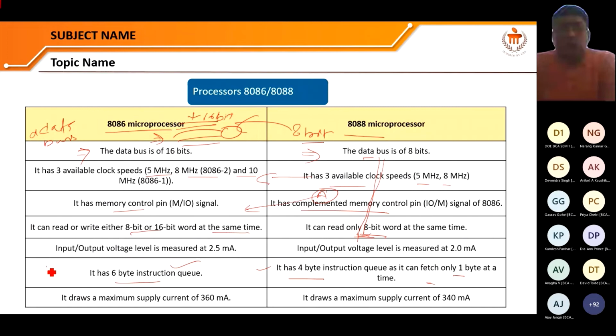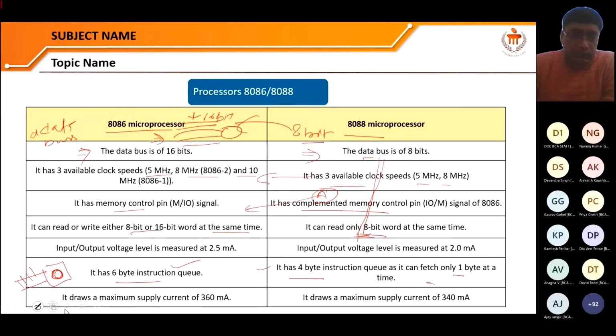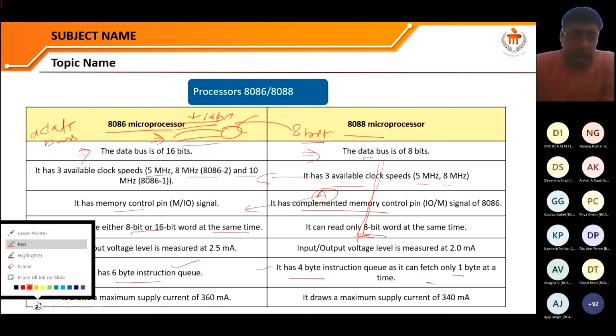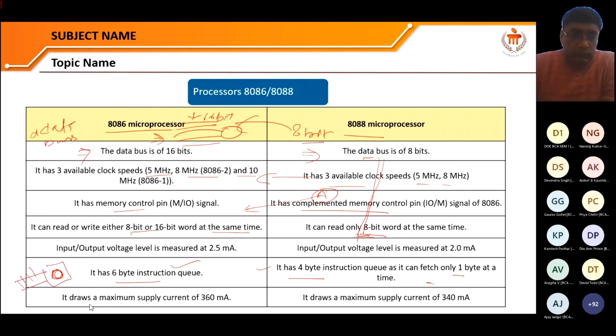If they have a 6-byte instruction, it can be in a queue, and it draws the maximum supply current 16 mA and it is a megahertz, and it is the current 334.